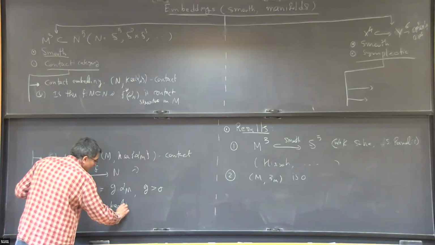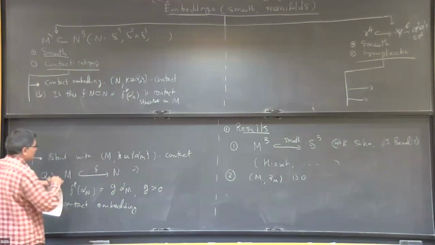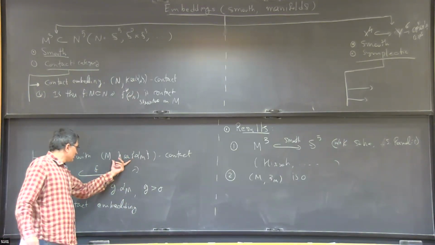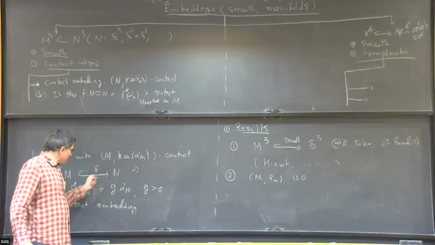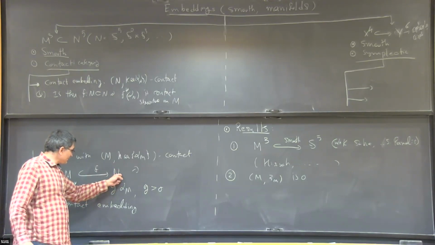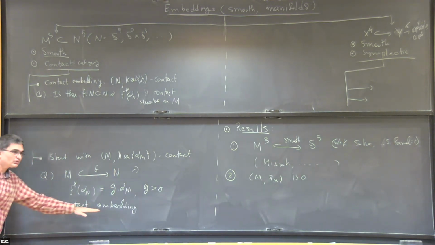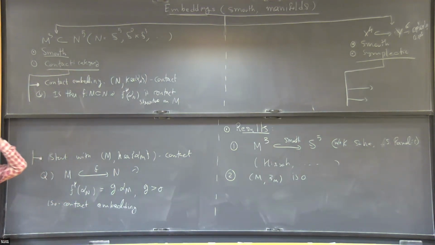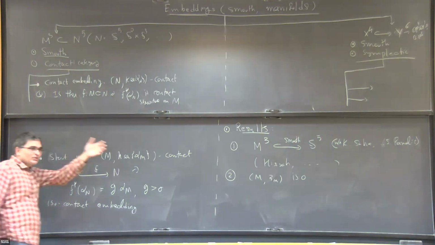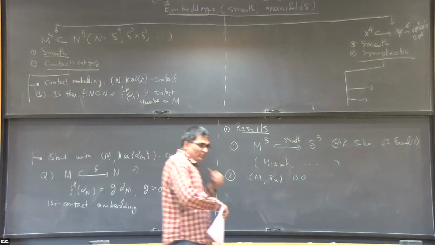So you are starting with a contact structure on a manifold, and you want to embed it in such a way that the pullback from this bigger manifold produces the given contact structure. This is called an isocontact embedding. That is what probably Asha was mentioning, that it's like isometric. You want the same geometric structure.